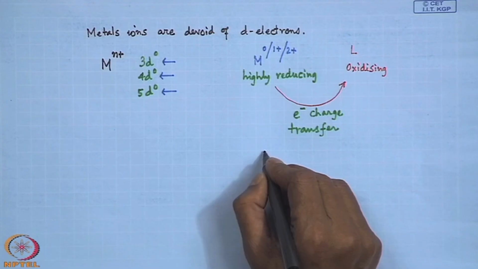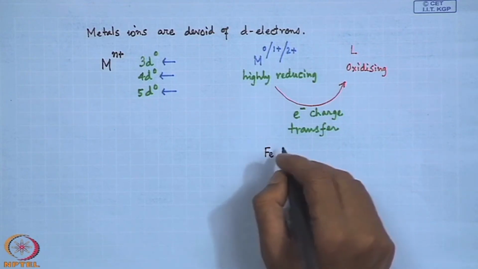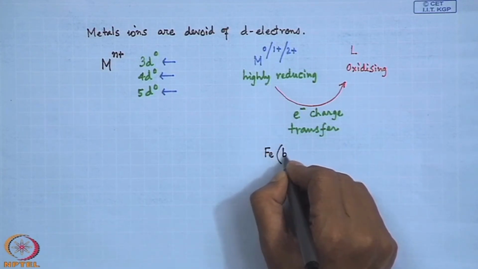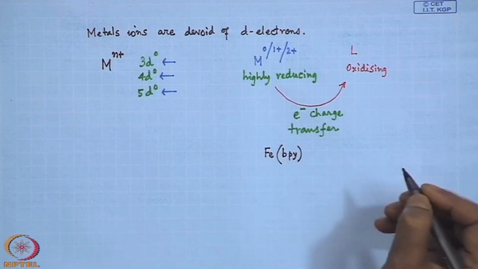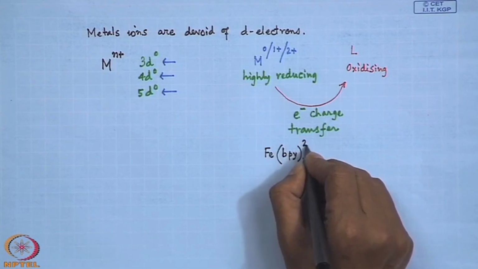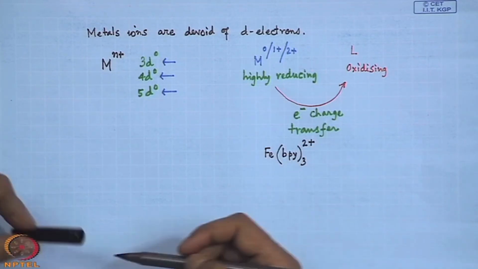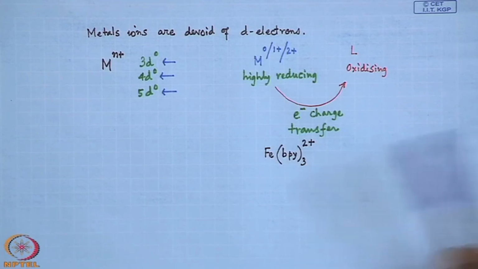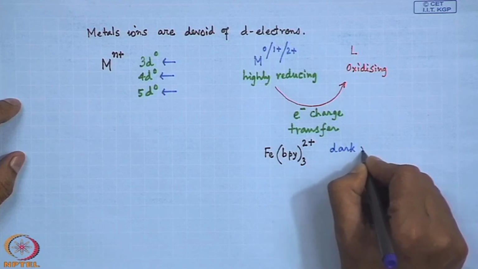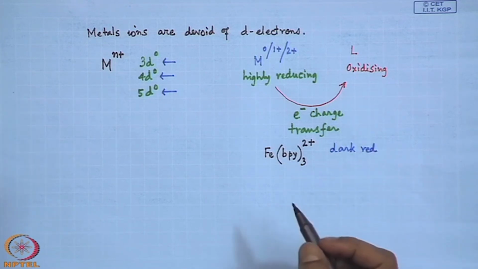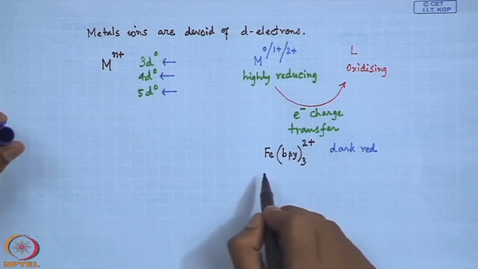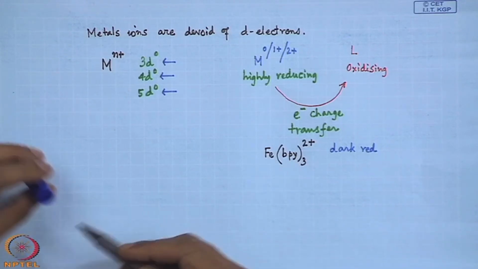In this case we can have the iron system in +2 oxidation state, and bipyridine can be the oxidizing ligand, and the tris chelate, an octahedral compound, can be dark red in color. Due to the charge transfer, no d-d transition can take place in this particular case, iron in +2 oxidation state.